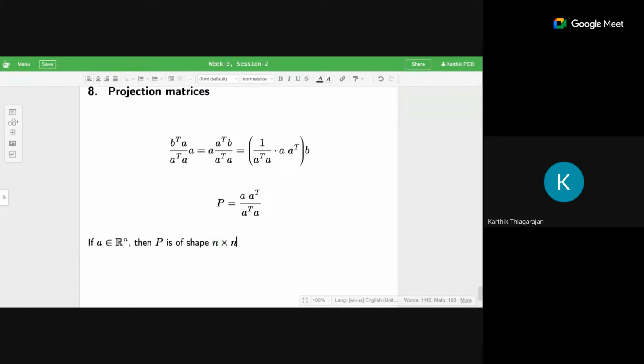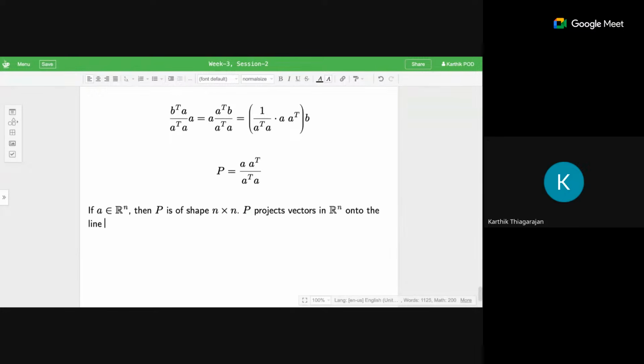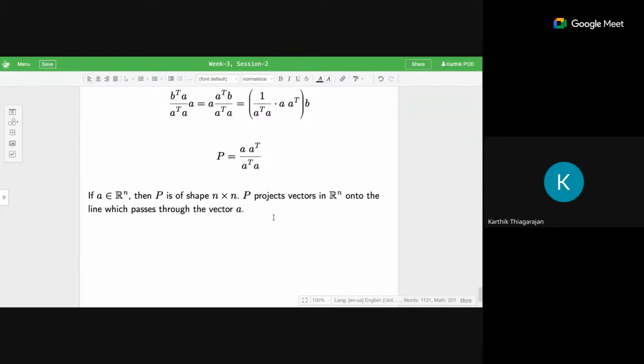So it's a projection matrix. P projects vectors in Rn onto the line which passes through vector A. Okay, so is this clear? What do we mean by this?